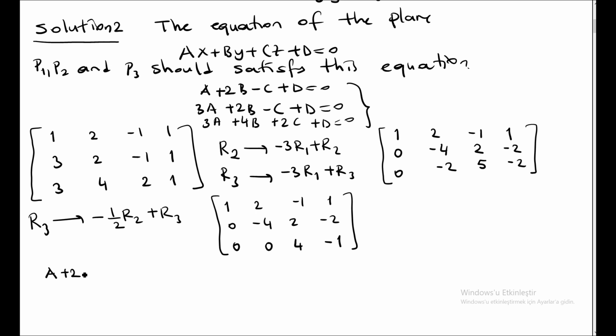A plus 2 times B minus C plus D equals 0. Negative 4 times B plus 2 times C, negative 2 times D equals 0. And 4 times C minus D equals 0. Now there are 3 equations and 4 unknowns. So I can choose one, 4C. Okay, let me write here.